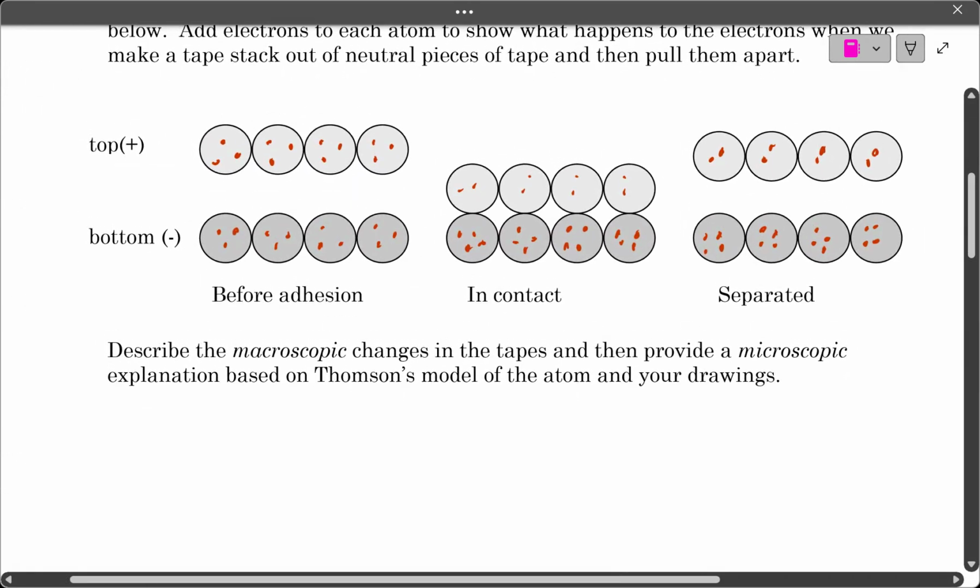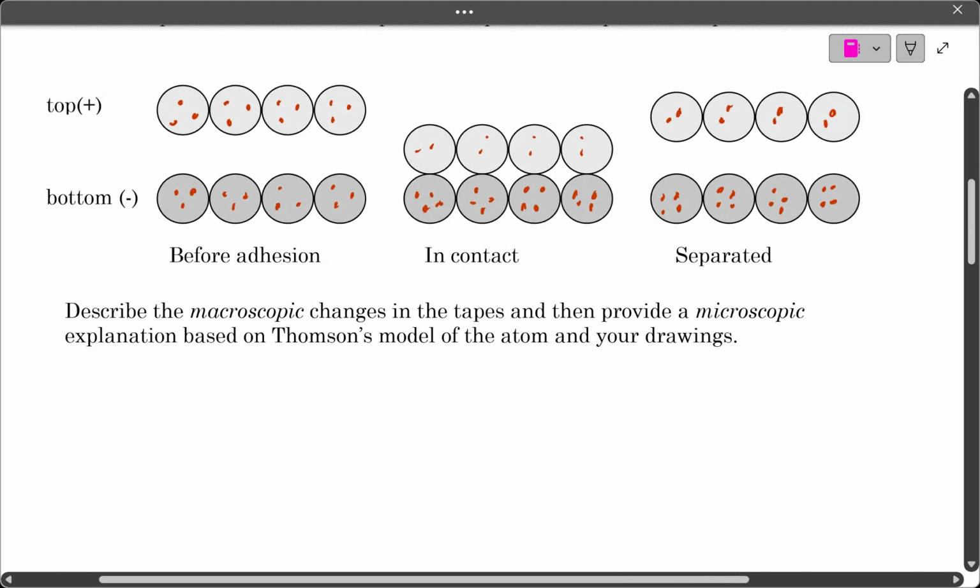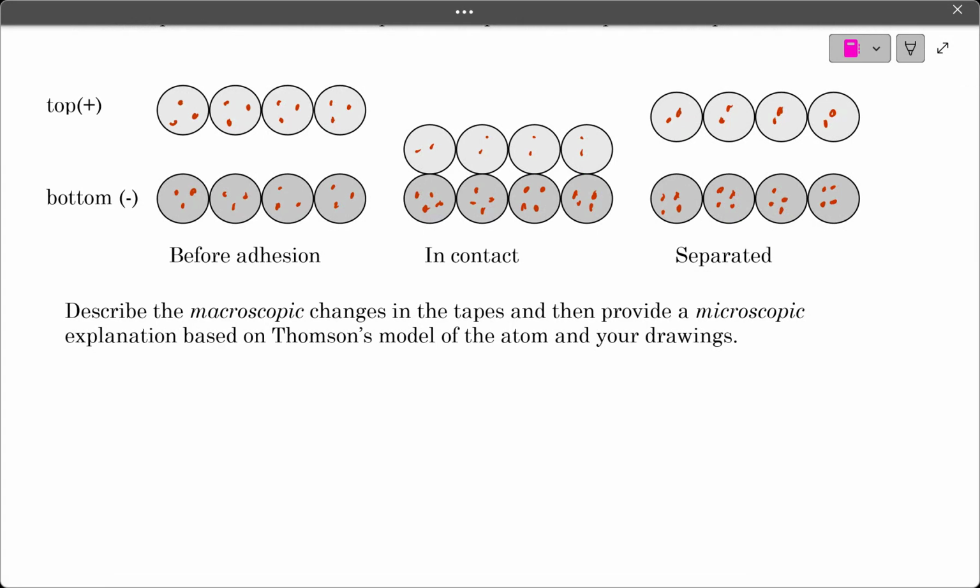So what we want to talk about is when they're placed together like this, one side was stickier than the other, and as far as the electrons are concerned, when the top tape separated, they were then moved to, or they stayed with, the bottom tape.